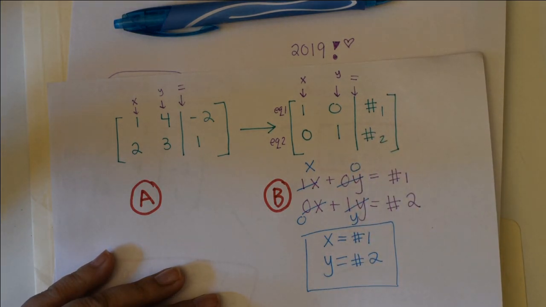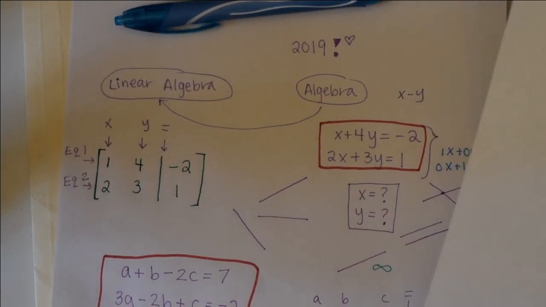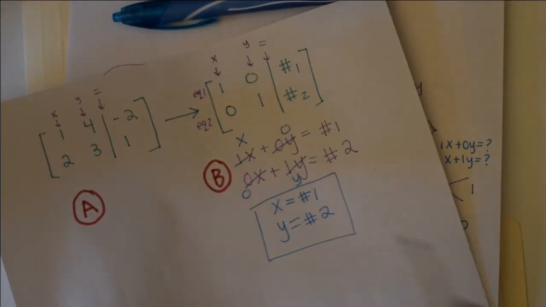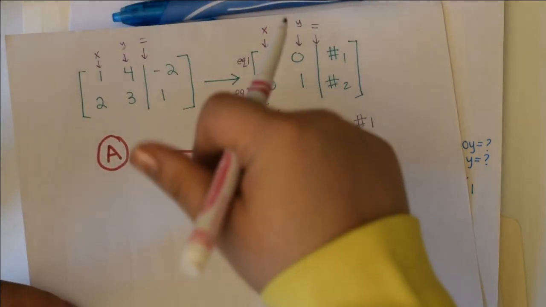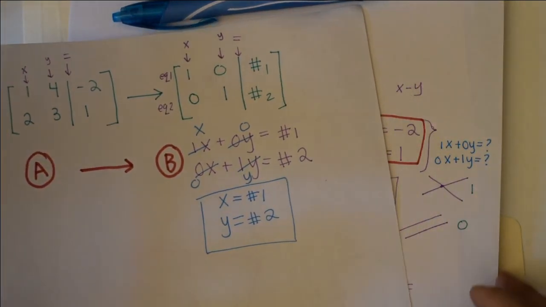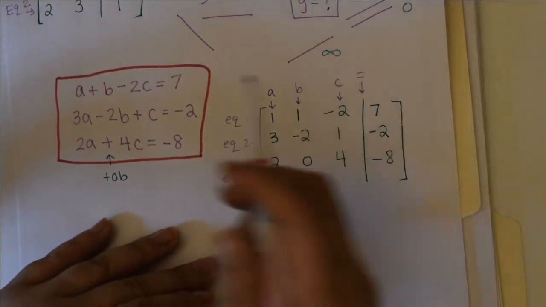And in the 3x3 case, we're going to talk about the rules for how to get there, how to work with this matrix. But in this case, we're going to try and do the same thing.